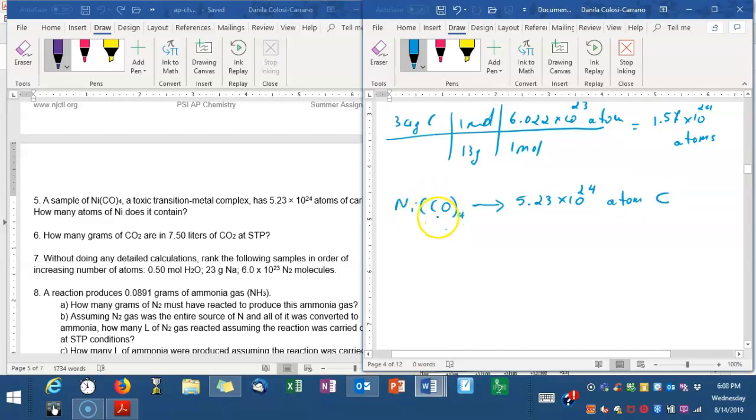Well, carbon has 4, right? Because if you break this one up, for every 4 carbons, you have 1 nickel, so 1/4 of nickel. So 1/4 of 5.23 times 10 to the 24th is how many atoms of nickel you have. Okay. So 1.31 times 10 to the 24th atoms of nickel are present.